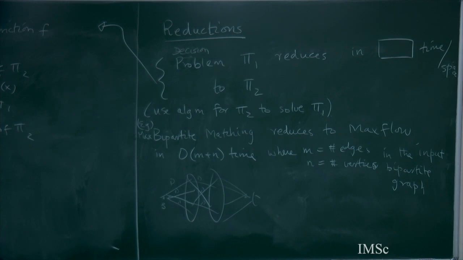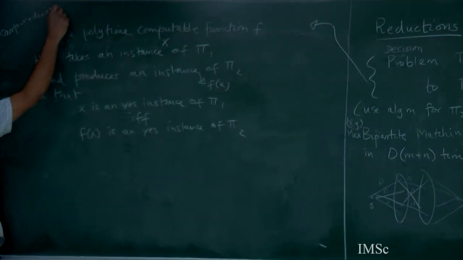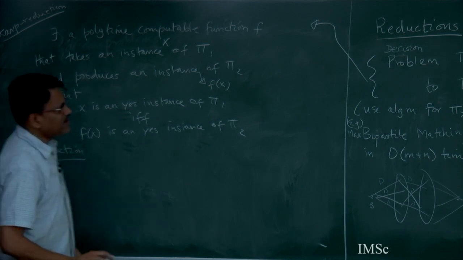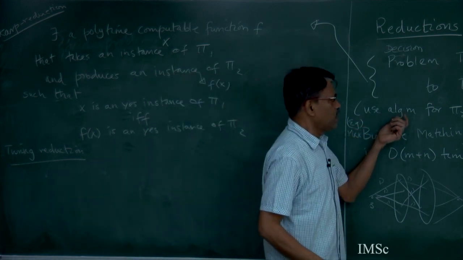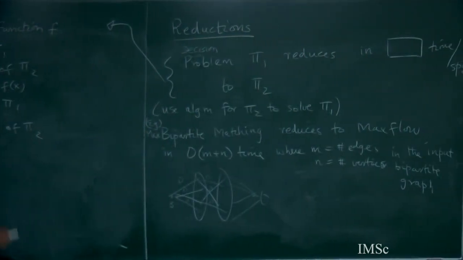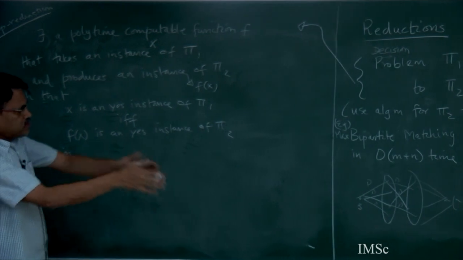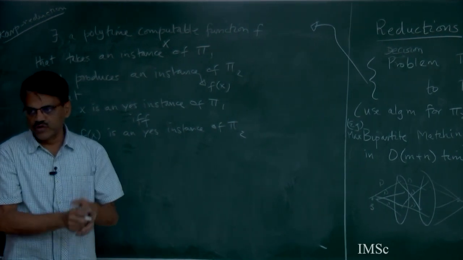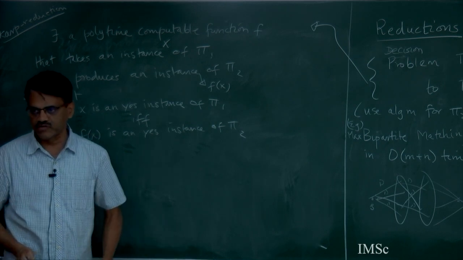This is sometimes called Karp reduction, and there is a related notion called Turing reduction. What are we doing here? I have taken an input, produced an input of the other problem, and solved that problem using an algorithm for that problem.